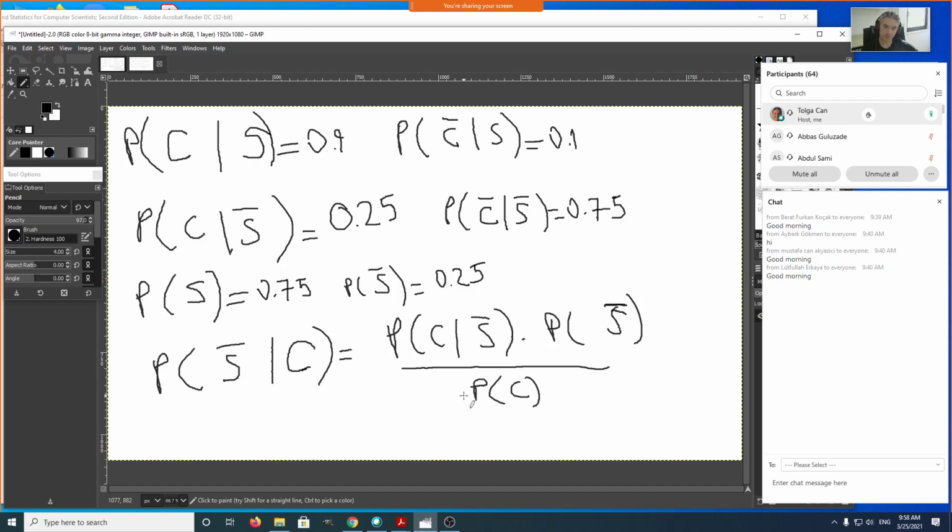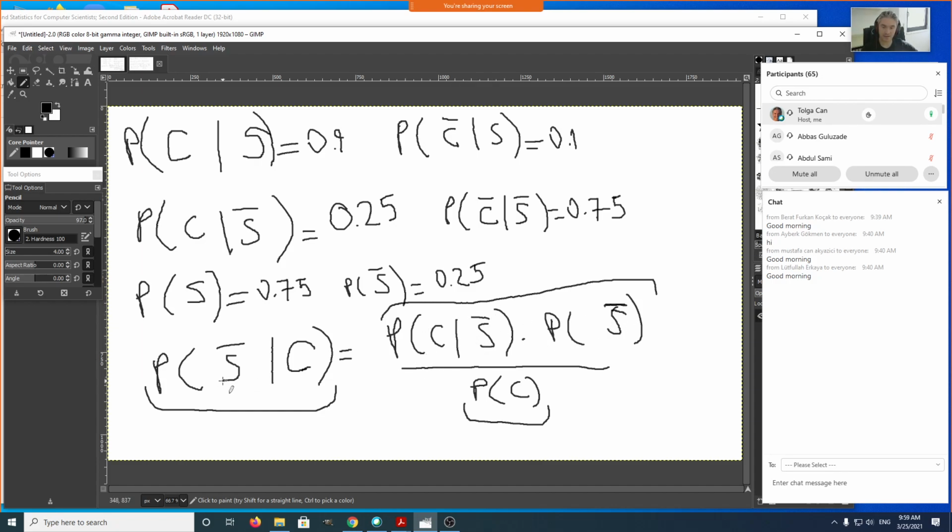This part multiplied with this gives me that intersection event. The right-hand part gives me the same intersection event, the probability of answering correctly and not studying for the final exam.